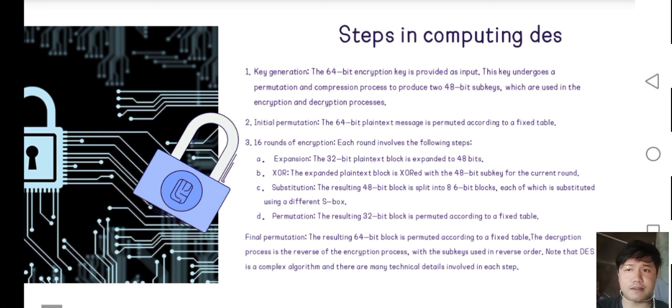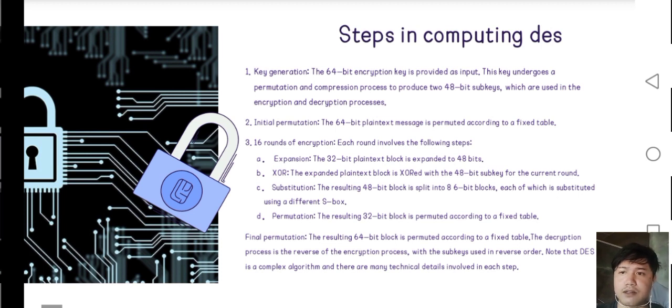Example. Let's say the 64-bit encryption key is represented as a binary string. The key undergoes a permutation process which rearranges the bits according to a predefined table called a permutation table. This table determines the order in which the bits are rearranged.